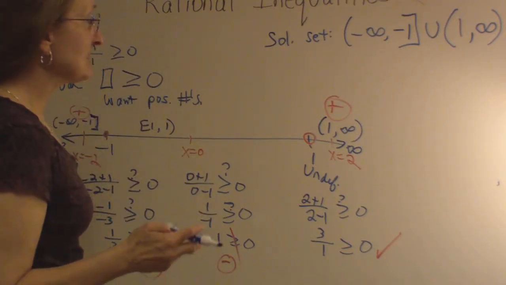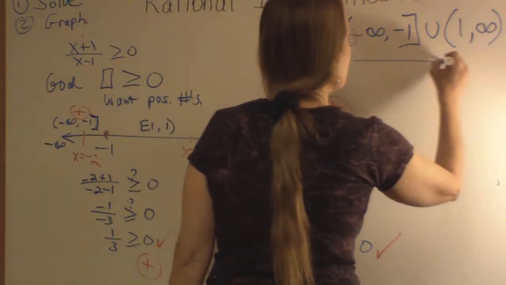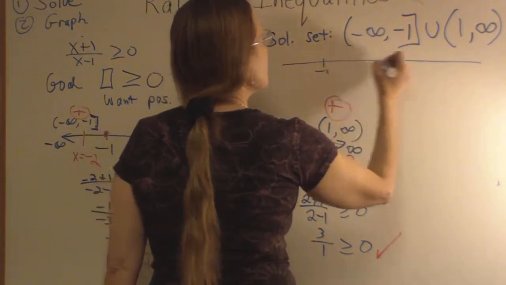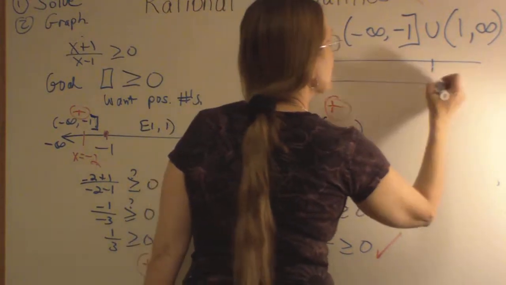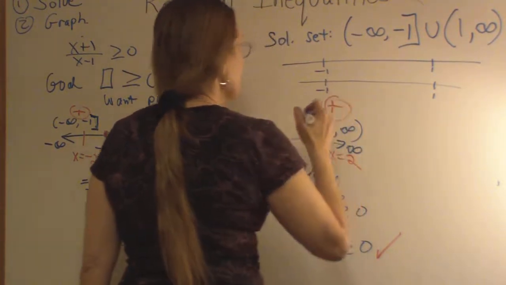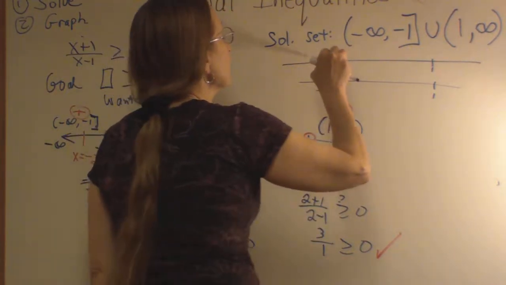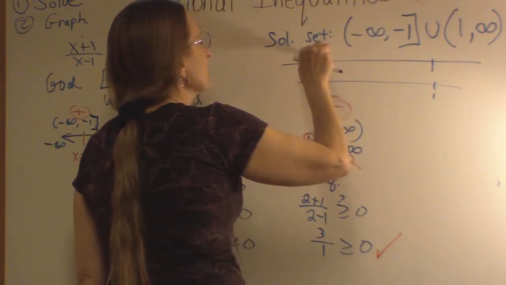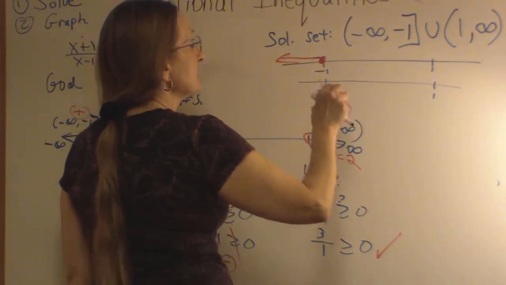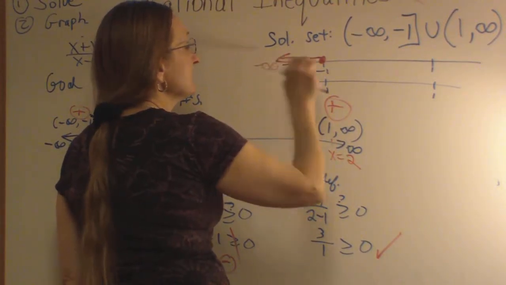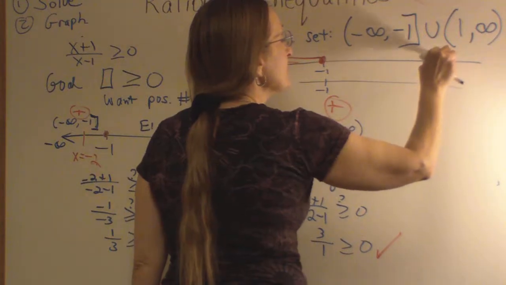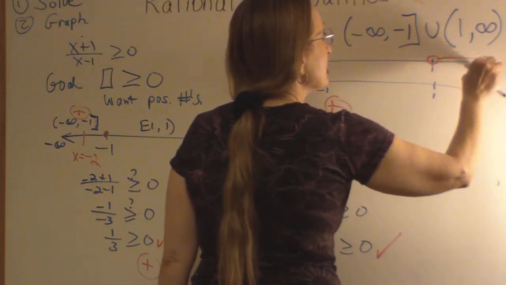So now, if you also wanted to just graph this on a number line, here's minus 1 and 1. There's two ways you can do this. You can either use solid dots or you can use bracket notation. For minus 1, it'll have a solid dot and go to the left to minus infinity, and then on the right it will be an open circle and will go to the right to positive infinity.